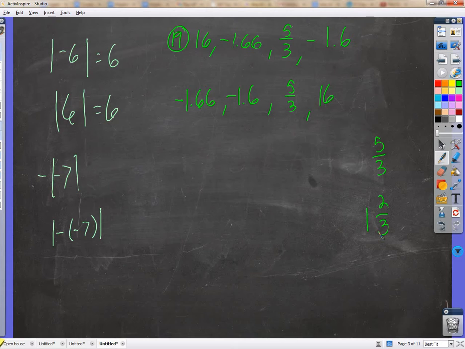They're equal, okay. So is it wrong to write it this way, like your answer is this? No, it's the same as that. Shouldn't you leave it as in the problem? Yeah, and if it started that way, leave it that way, okay? If you want to think about it as 1 and 2/3 so you can compare it to 16, that makes sense, but leave it as 5/3, that's what it started as.